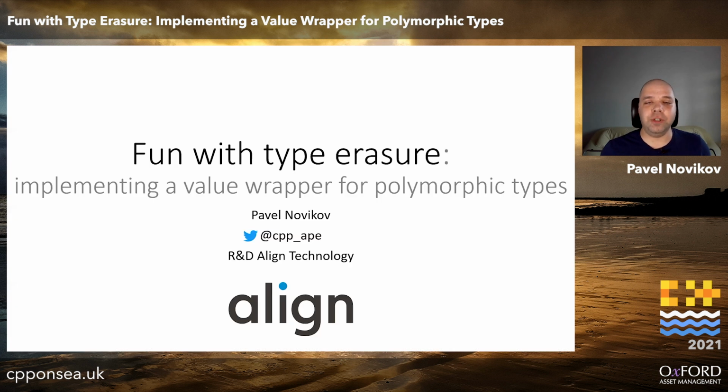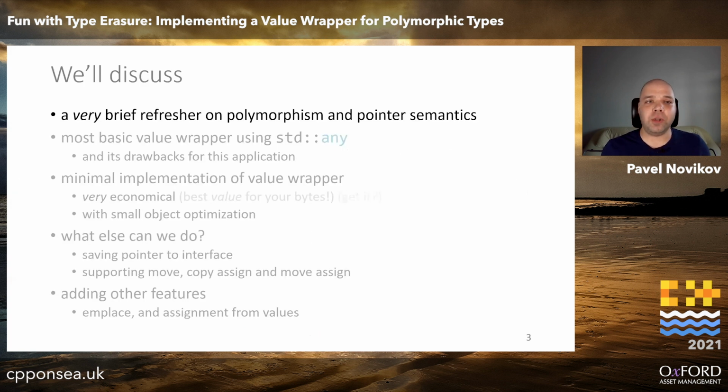I work at Align Technology, and today I want to talk to you about fun with type erasure, and specifically about implementing a value wrapper for polymorphic types. We'll remember what polymorphism and pointer semantics connected to polymorphism in C++ are. What is the most basic possible implementation of a value wrapper using std::any, and what are its drawbacks.